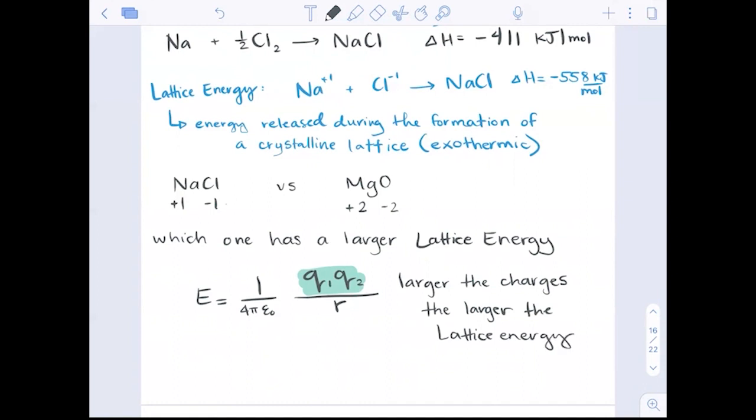Specifically, if we think about +1 multiplied by -1, that's a -1. If we think about +2 multiplied by -2, that's a -4. Magnesium oxide will have 4 times as large of a lattice energy than sodium chloride.